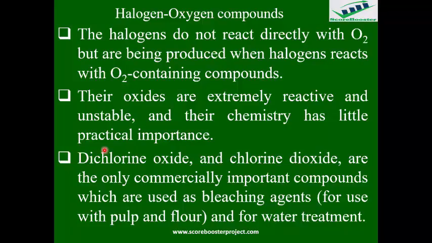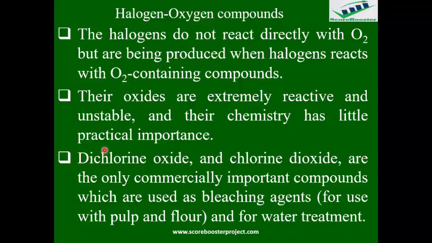The halogens do not react directly with oxygen. I remember we said this when we started the introduction to these non-metals: chlorine does not react with oxygen, but these compounds are produced when halogens react with oxygen-containing compounds, like sodium oxide, sodium peroxide, or hydrogen peroxide.